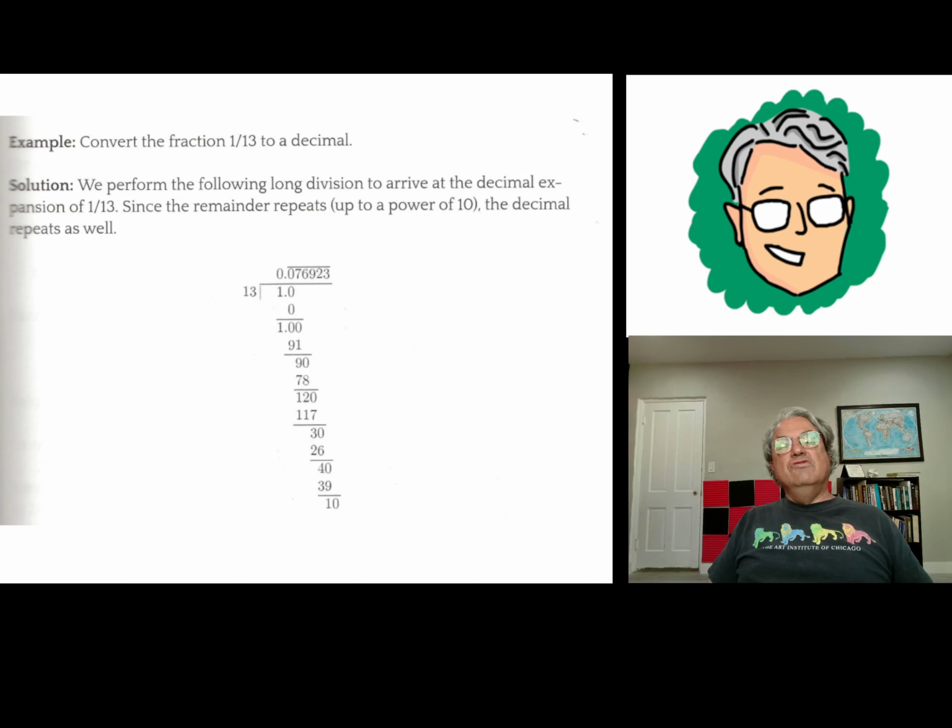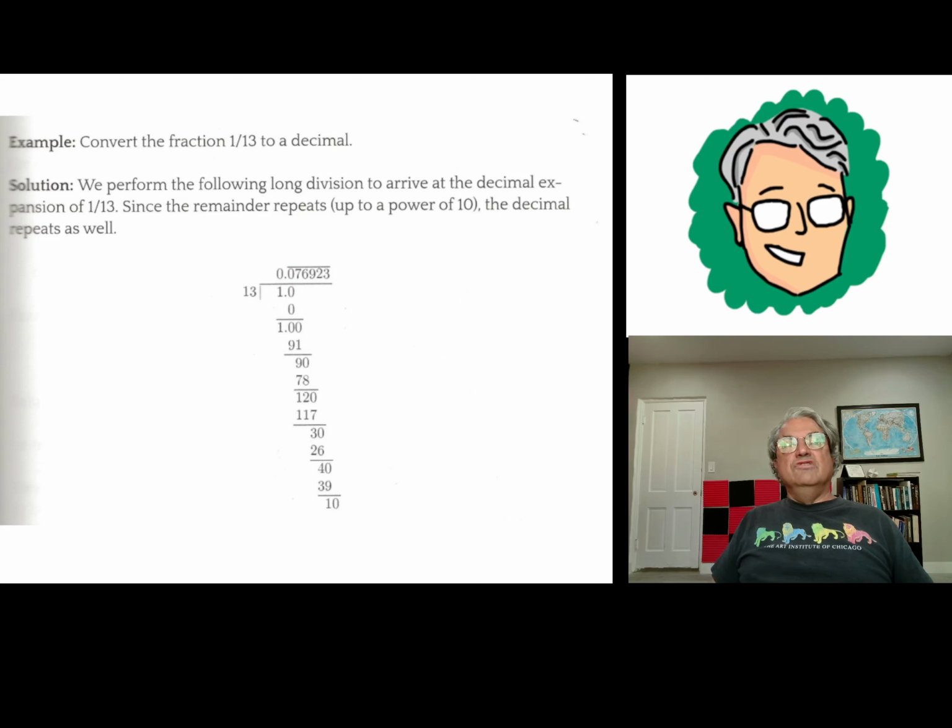We keep going. When we subtract 78 from 90, we get 12. We bring down another 0. So now the largest multiple of 13 that's less than 120 is 117, which is 9 times 13, so we bring a 9 upstairs. And when we subtract 117 from 120, we're left with 3. And we bring down another 0 again.